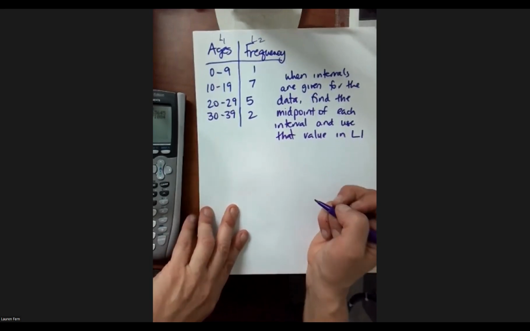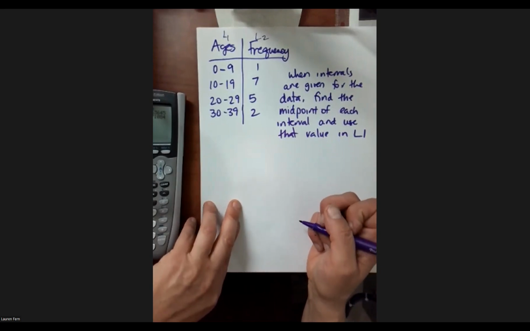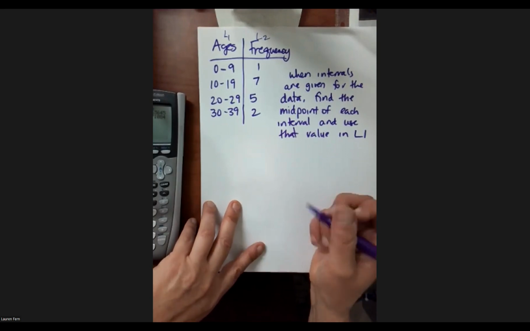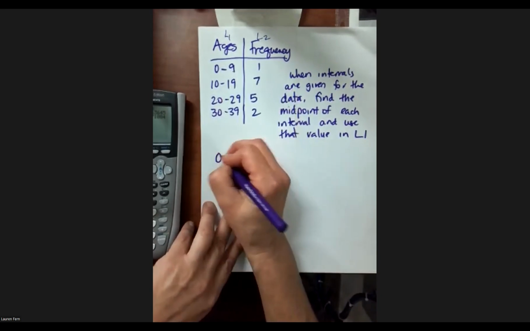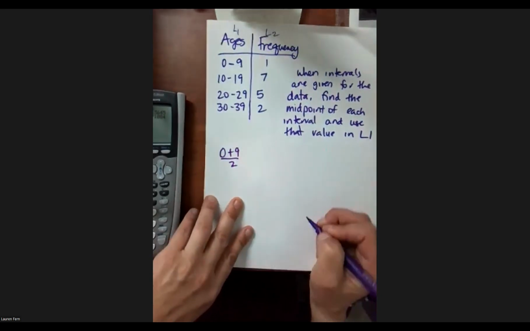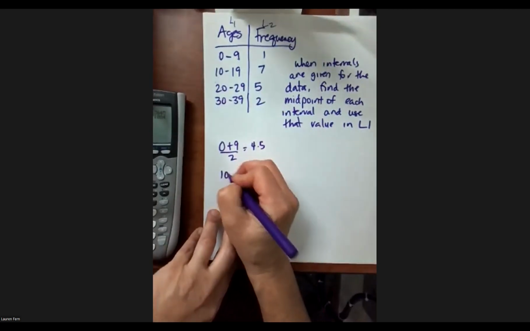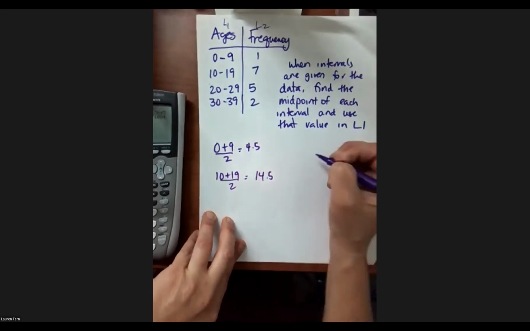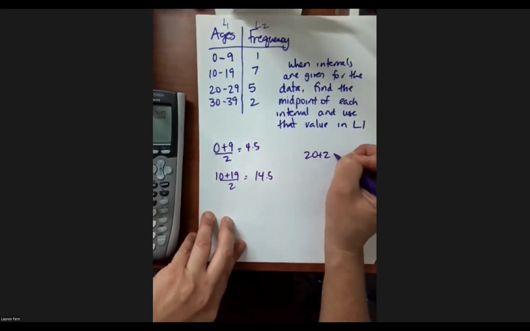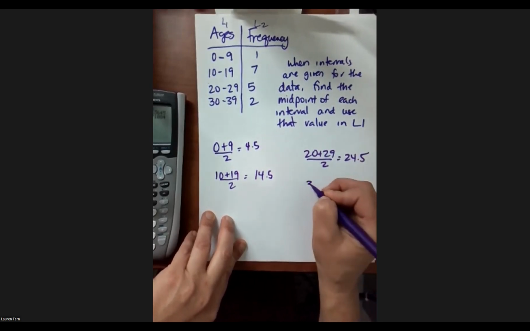So if you're wondering, how do you find the midpoint? I'm about to tell you. You take each endpoint, add them up, and divide by 2. So we're going to get 4.5. 10 plus 19 divided by 2 is 14.5. 20 plus 29 over 2 is 24.5.